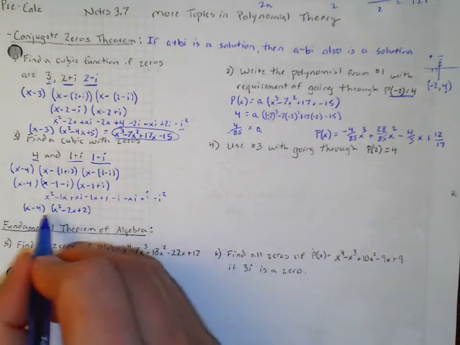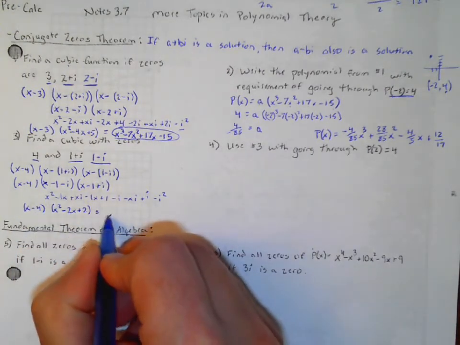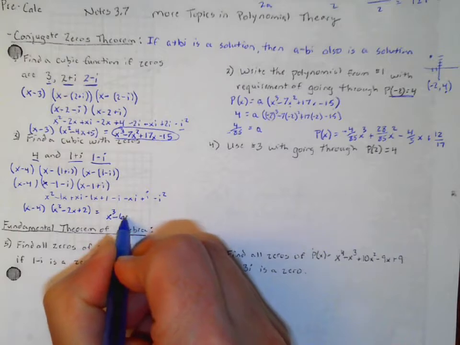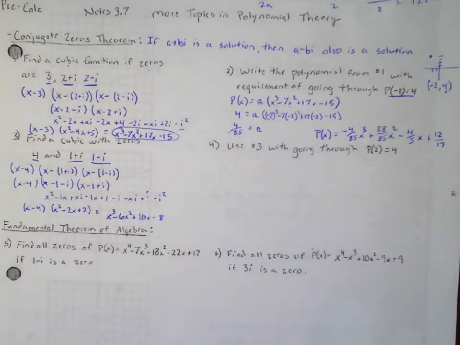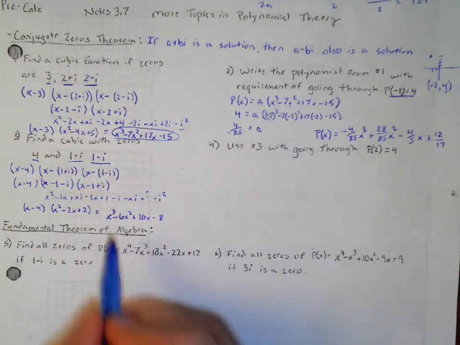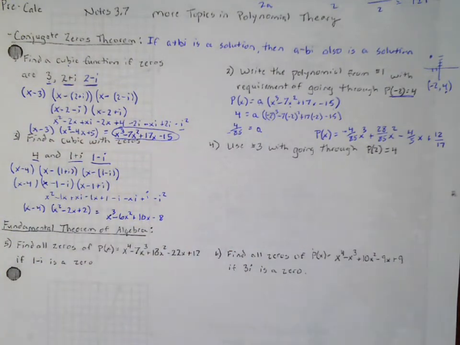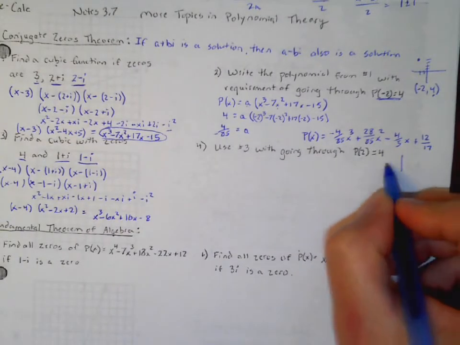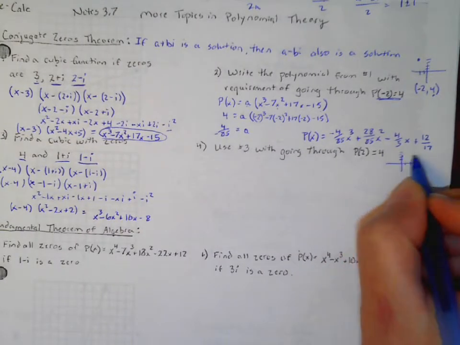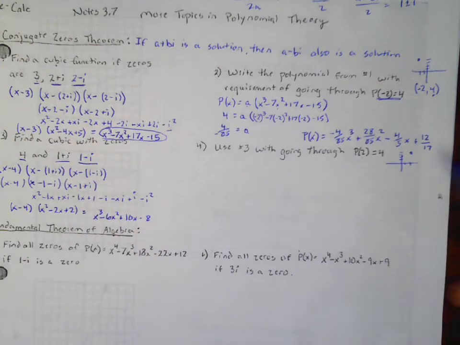And then we want to multiply this all through, and if you multiply it all through, it gives you x to the third minus 6x squared plus 10x minus 8. Okay, so this function has these zeros. Now if I wanted to go through the point (2, 4), I need this function to still have these zeros, but to go through this point.